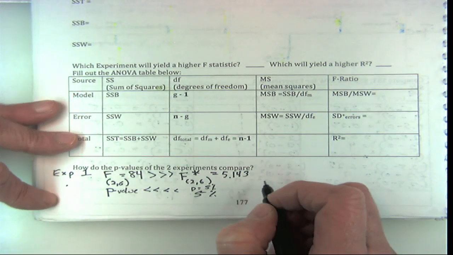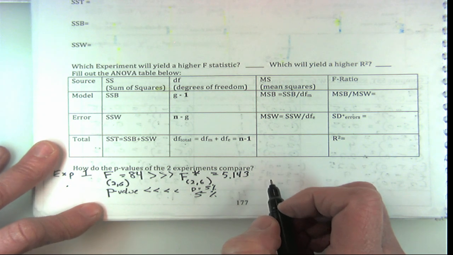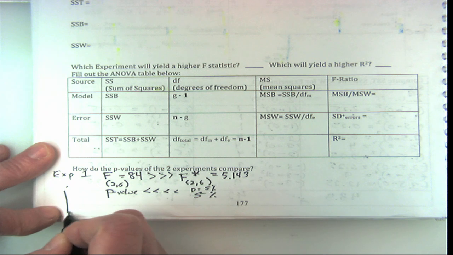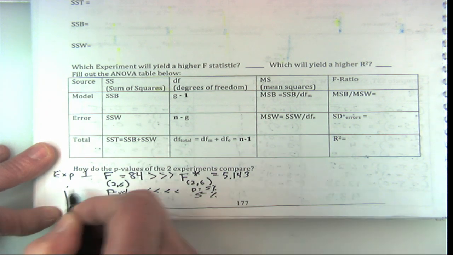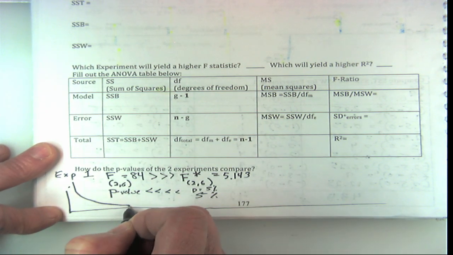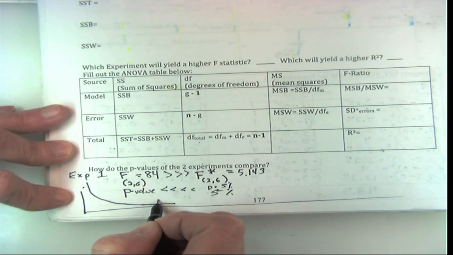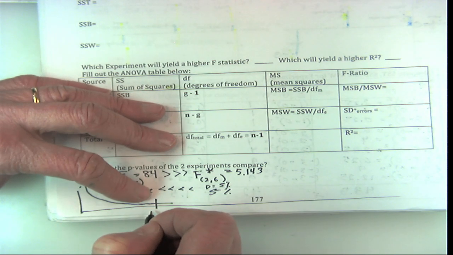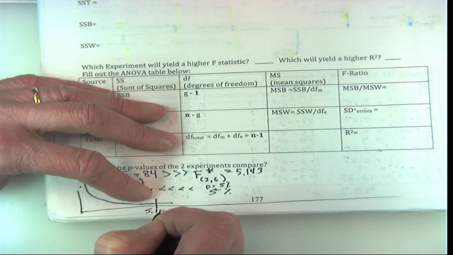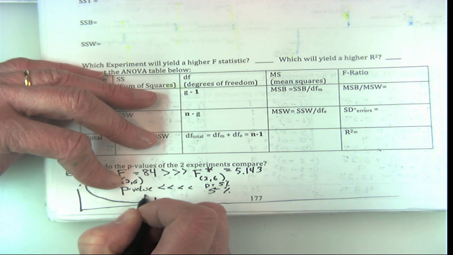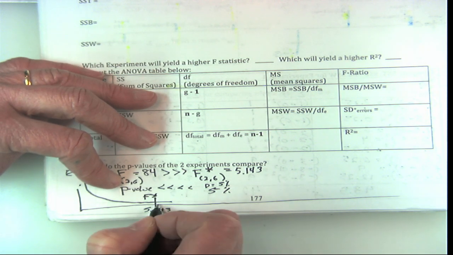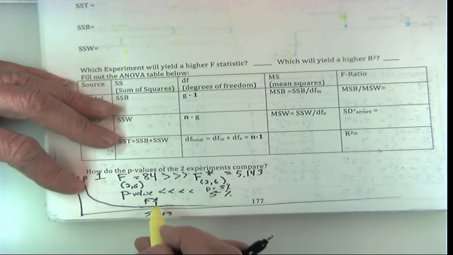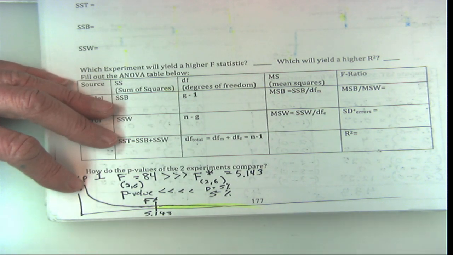And if I wanted to draw it, I can draw the curve here. It's going to be really asymmetrical, like this. And right here, I'll draw F star. That's 5.143. That's our F star. And that means from here on in, all this is what? 5%.